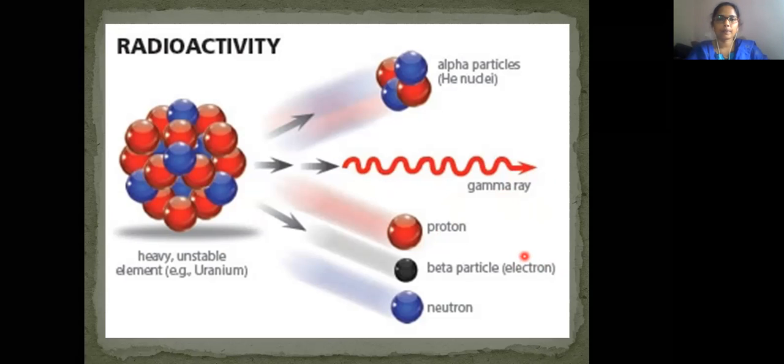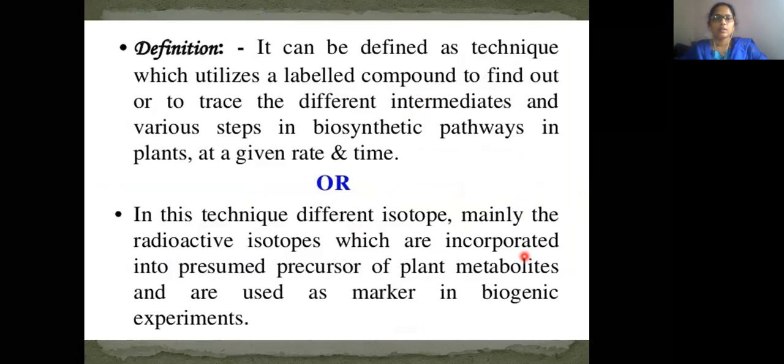Definition: the tracer technique can be defined as a technique which utilizes a labeled compound to trace the different intermediates and various steps in the biosynthetic pathways in plants at a given rate and time.